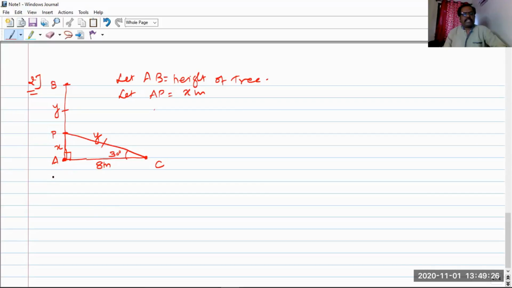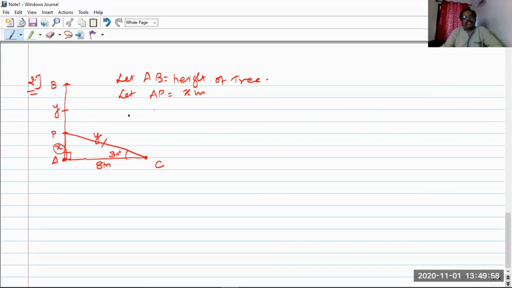So first we will try to find x with the help of a trigonometric function, and then we'll try to find the length y. So let us write. Again students, we know the adjacent side of the angle 30 degrees, and we need to find the opposite side. So which ratio is defined in terms of opposite side and adjacent side?